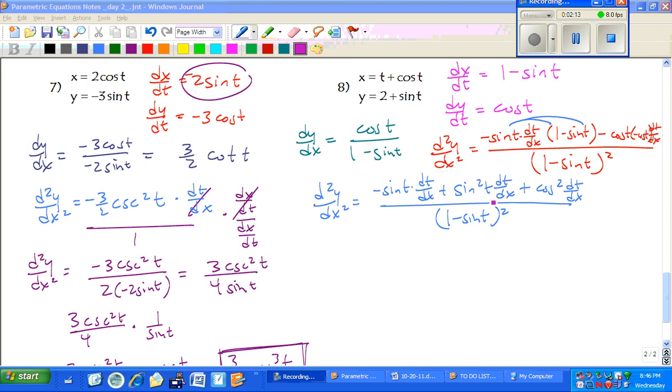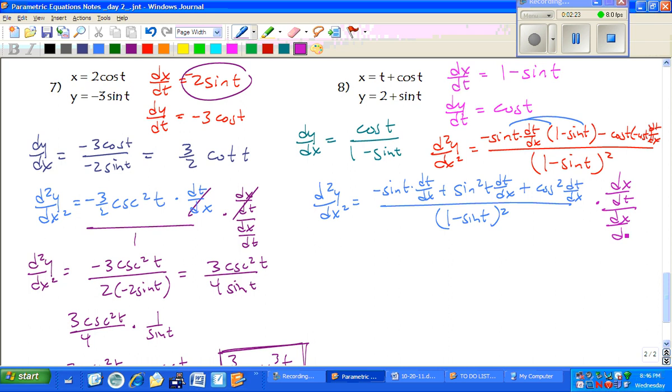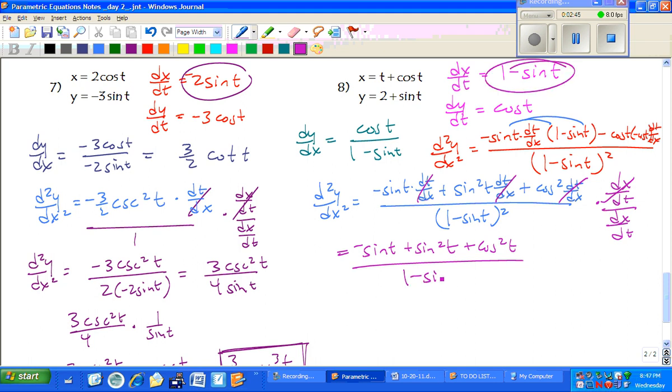Alright, so at this point, no combining of like terms yet, so we can go ahead and get rid of these dt/dx's by multiplying top and bottom by dx/dt. That's going to get rid of all of our dt/dx's on the top. So we have negative sine of t plus sine squared plus cosine squared all over 1 minus sine squared times dx/dt, which is 1 minus sine.